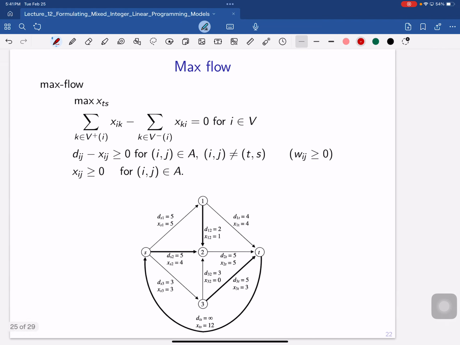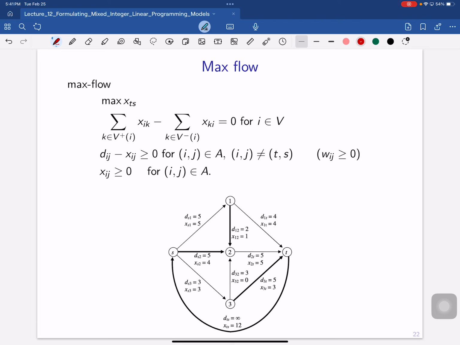What is even more interesting here is that the dual of the max flow problem is a min cut problem. So let's take the dual of the max flow problem and see what happens.